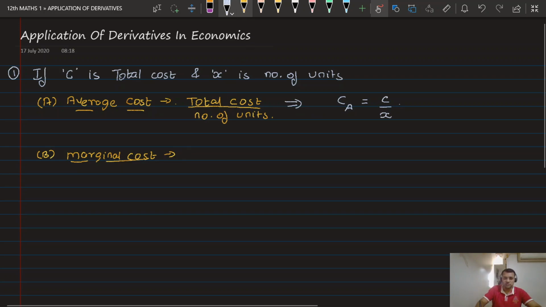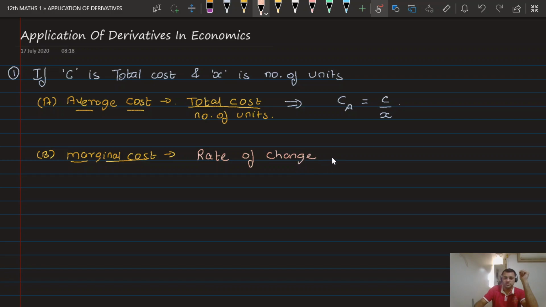Whereas marginal cost, if you remember from the first exercise where we had done the concept of marginal demand, I had told you that wherever we come across the word marginal, it always represents the rate of change. So when I represent the marginal cost, it is actually the rate of change of cost with respect to the number of units.